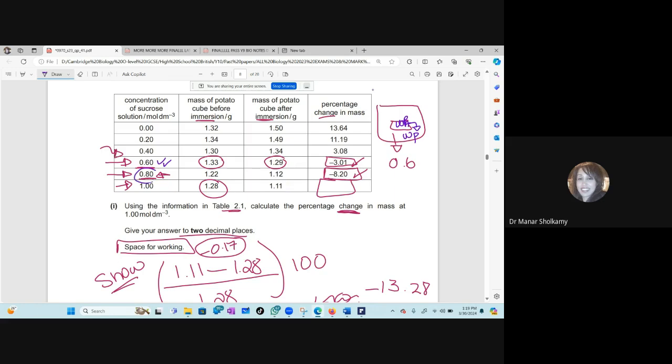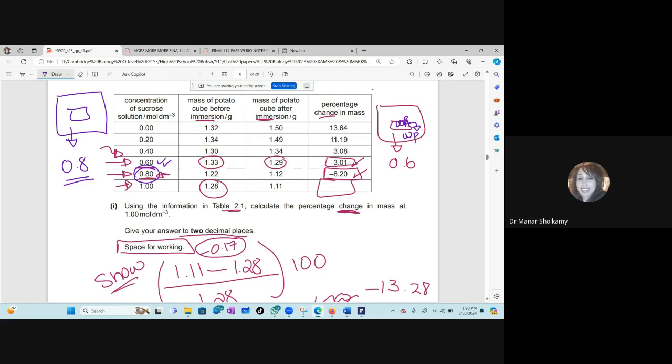And by the way, you will mention the same case when the concentration was 0.8, but you will add something extra. What will you say? When the potato was in a sucrose solution that is of 0.8 concentration, it was very concentrated. You will say the same thing, but you will just add something, one different word.